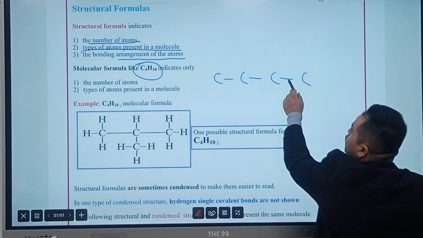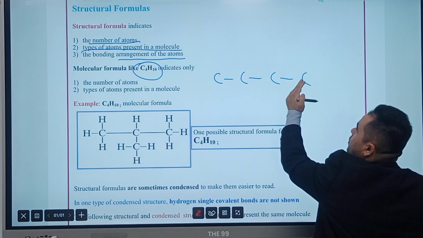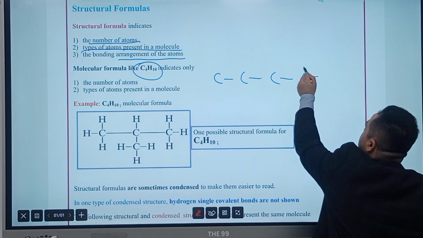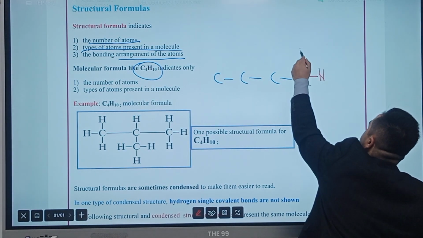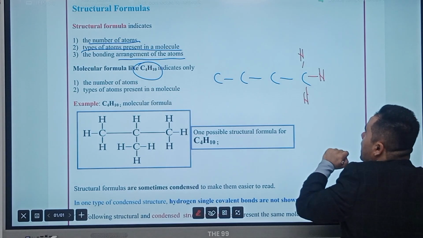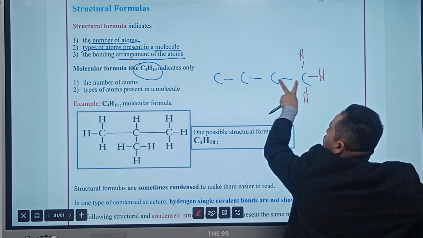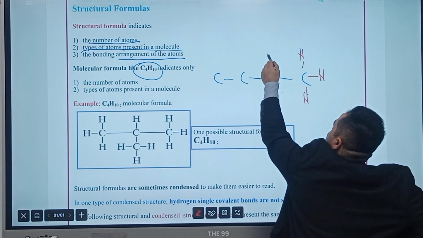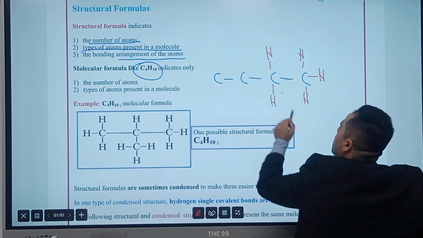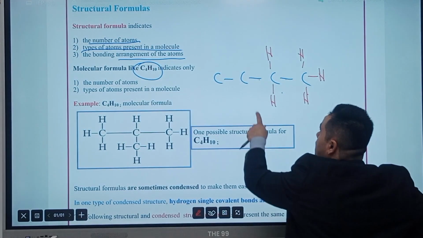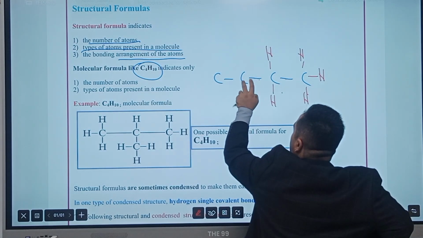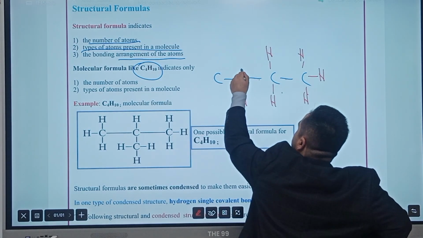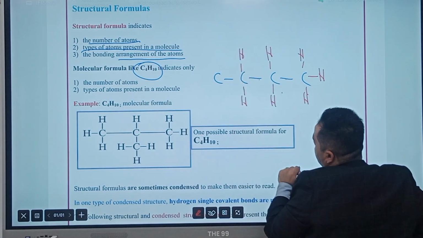This carbon is bonded with 1 carbon, so how many bonds remain to make 4? 3. So there should be 3 hydrogens in the structure. This carbon in between 2 other carbons is bonded with 1 and 2, so 2 hydrogens remain to form 4 bonds. This carbon is also in between 2 other carbons, so we have to distribute 2 hydrogens on it.